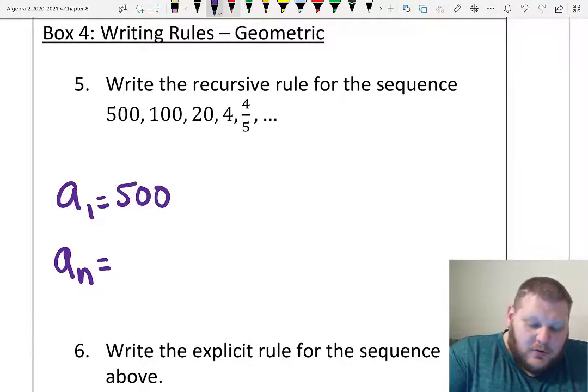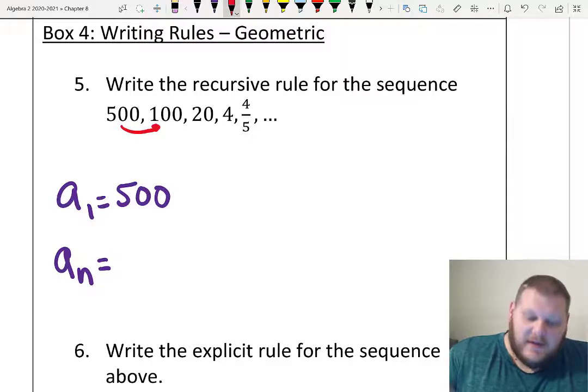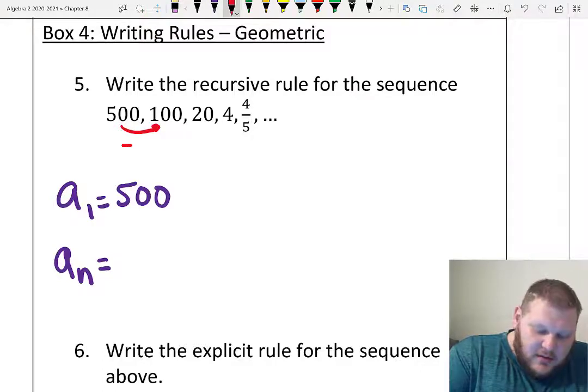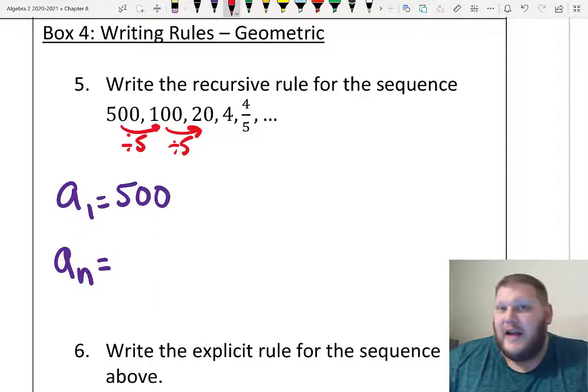Now my rule to go from one to the next is a little bit tricky because in this case it looks like dividing by 5, right? If I divide by 5, 500 goes down to 100. 100 divided by 5 is 20. 20 divided by 5 is 4. 4 divided by 5 is 4/5.